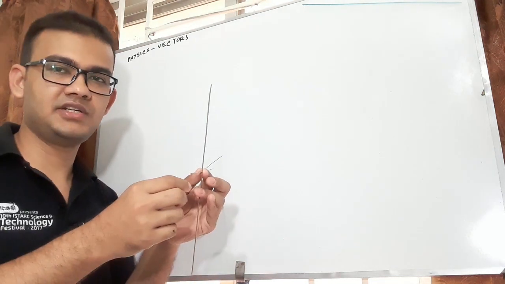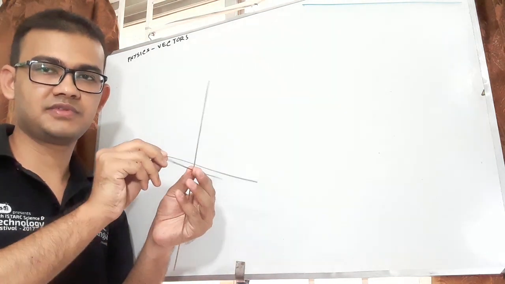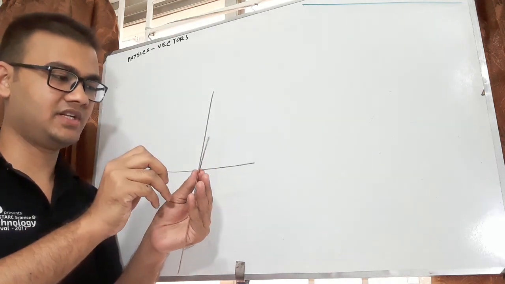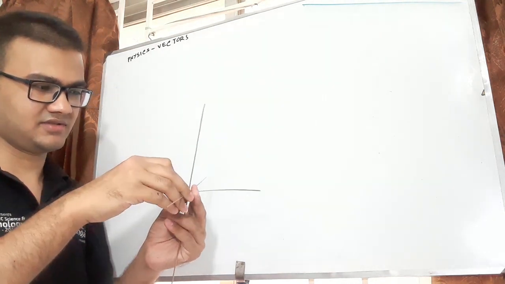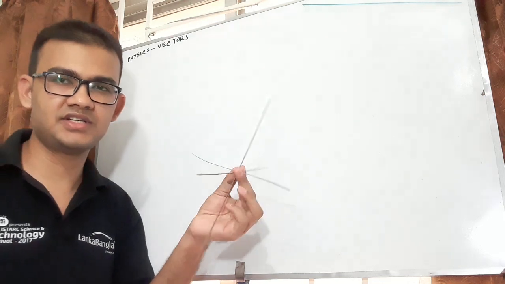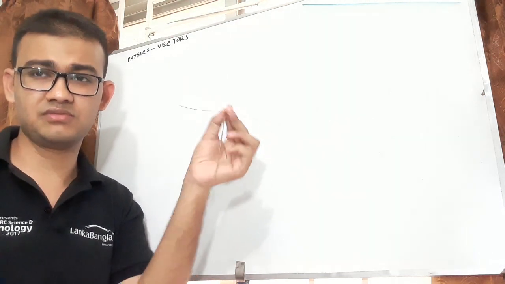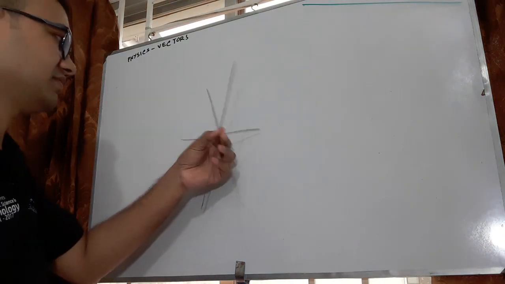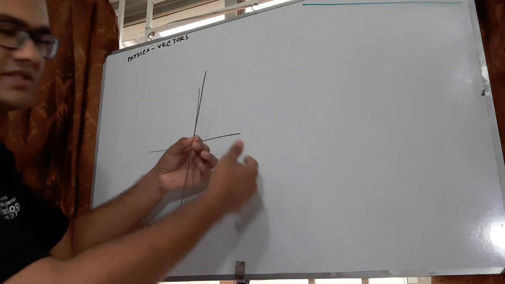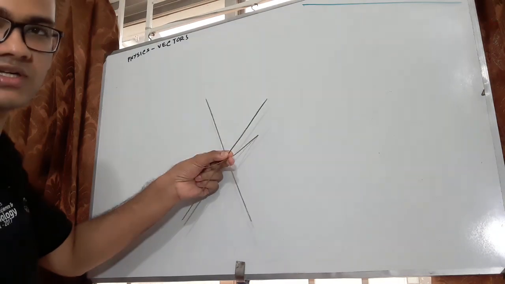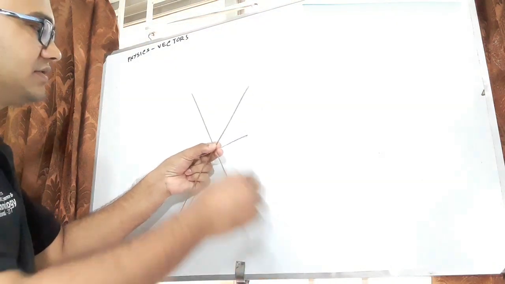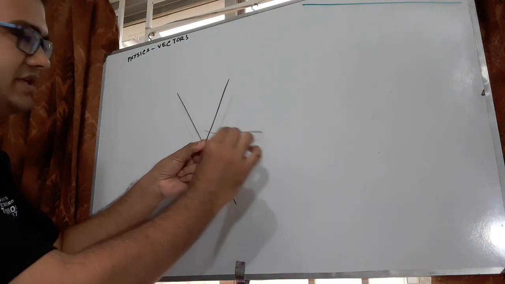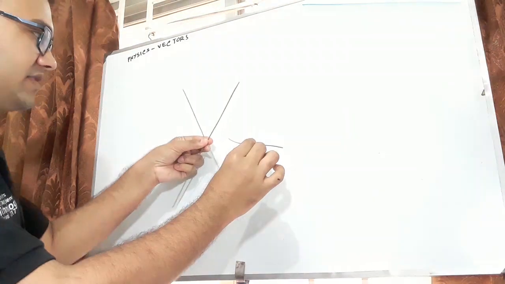But if you tilt it a little bit, if you take it like this, I'm taking it intersecting with each other. Now you try to keep it on the board, and you'll see that this line is disturbing us. You can't keep it on the board so easily. So let's take it out here. I'm holding it here and trying to keep it here.